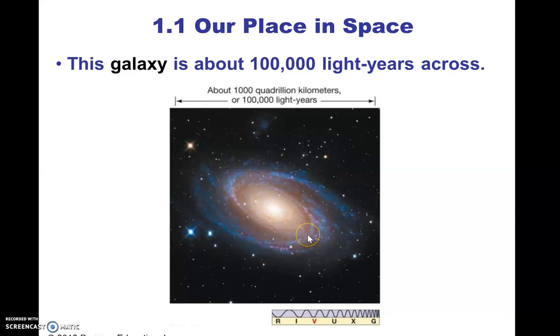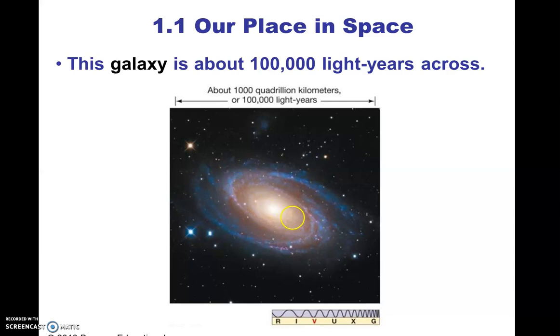We're way out here. That's a different topic. We'll get to that much later. But the nearest star to the sun is a little more than 4 light years away. And that's the closest one, right?